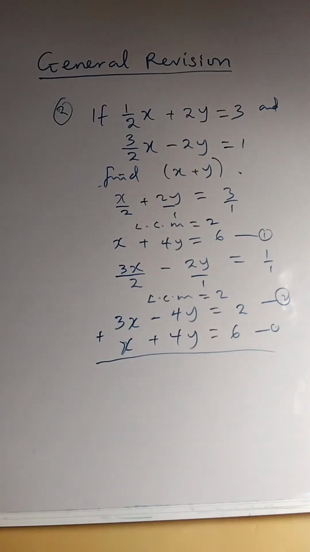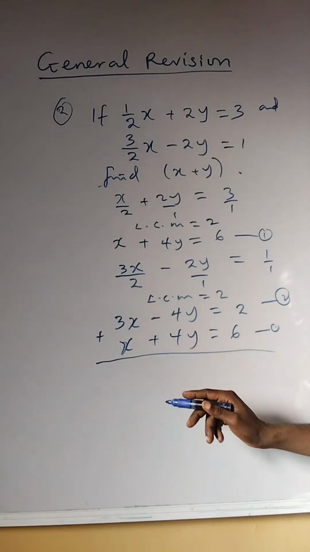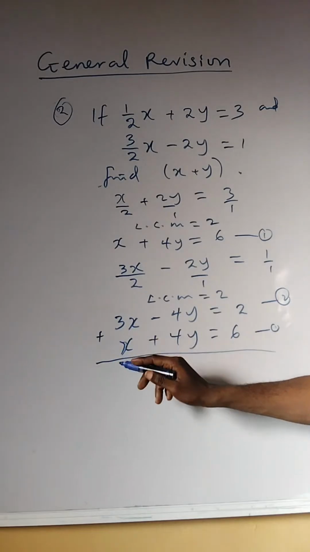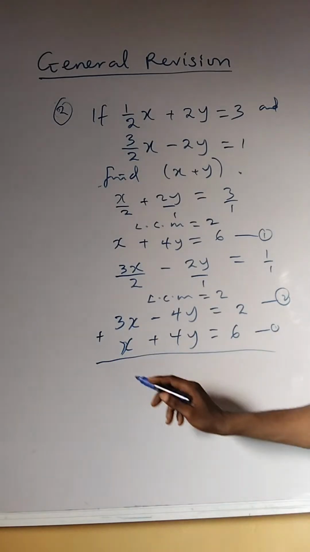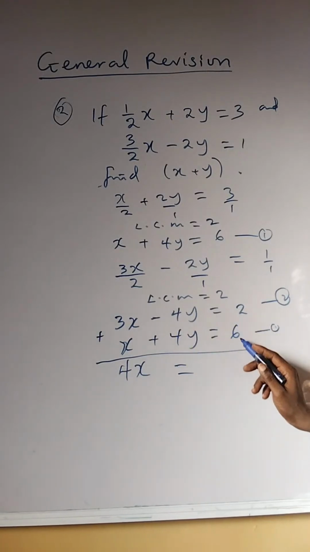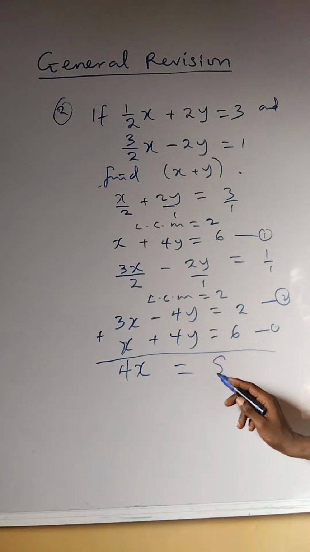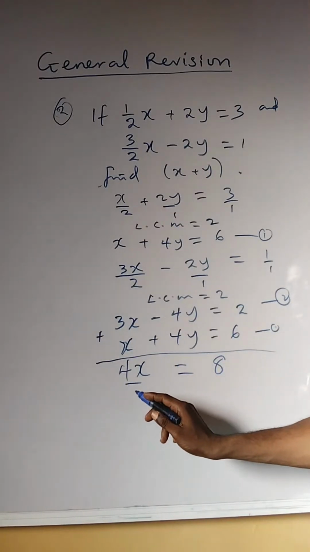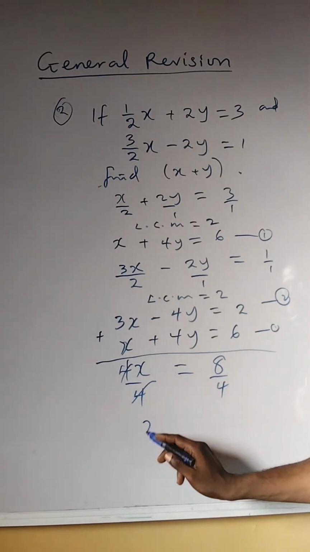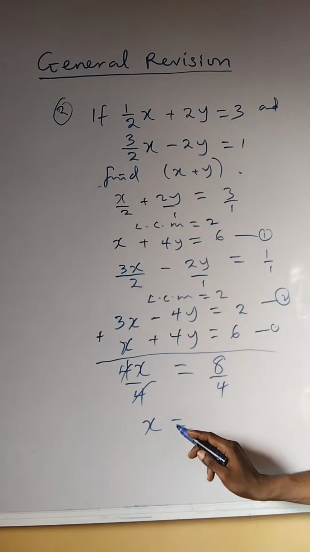But if it is the same sign, we subtract. So here we are adding. 3x plus x gives us 4x. Then y is gone, equals 2 plus 6, that's 8. So divide both sides by 4 to get your x. 4 cancels 4, so x equals 8 over 4, that's 2.